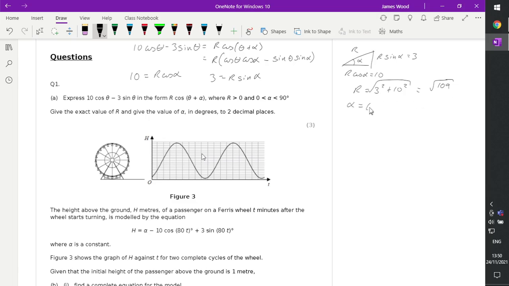And then alpha is going to be inverse tan of opposite over adjacent, so 3 over 10, which is 16.7 degrees. So we can rewrite this as root 109 times cos (theta plus alpha), so plus 16.7 degrees. Okay, so that's my answer to the first bit.